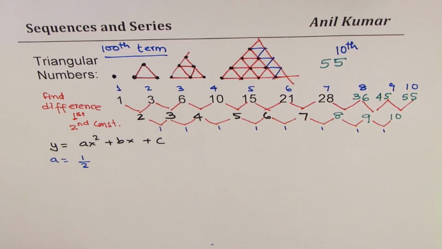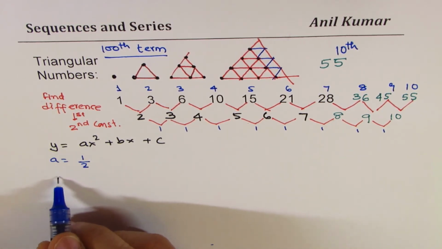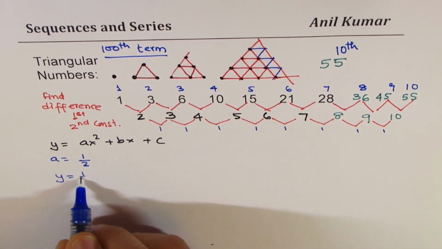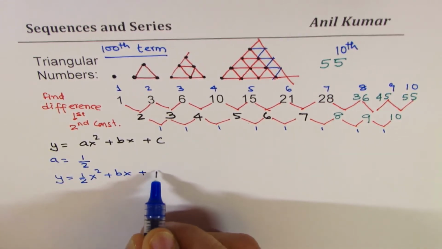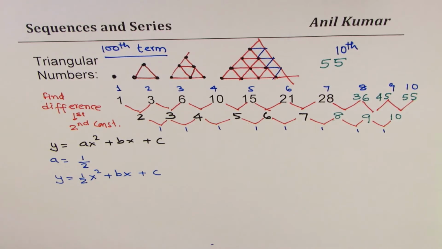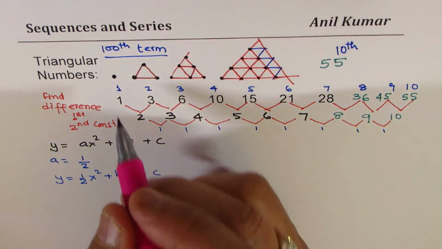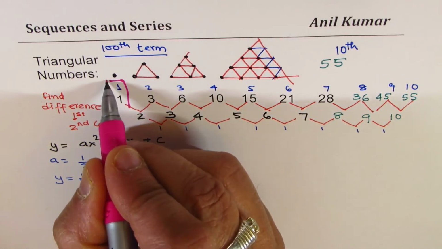So we know the value of a. We can write this equation as y equals half x squared plus bx plus c. Now here we have two unknowns, b and c. To find these unknowns, we need to consider 2 points.